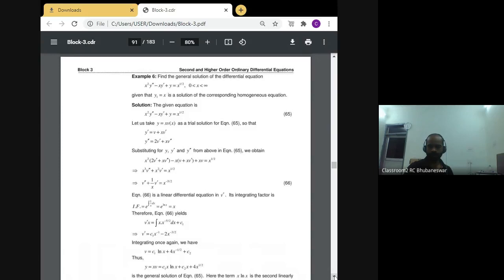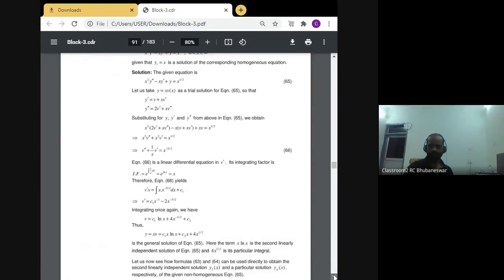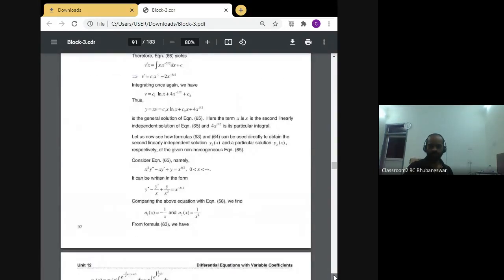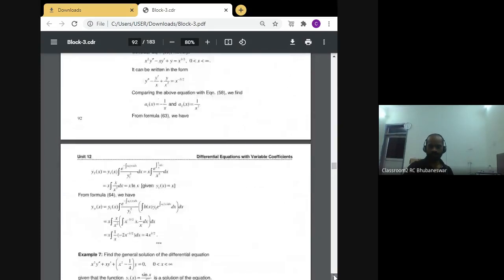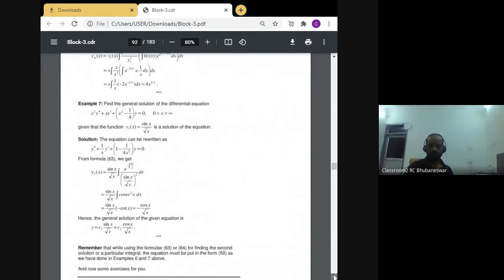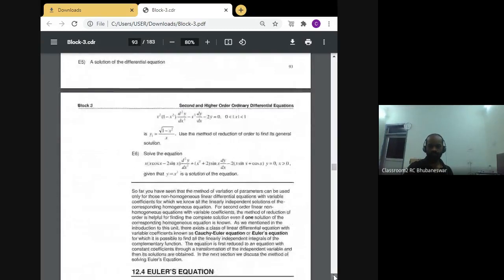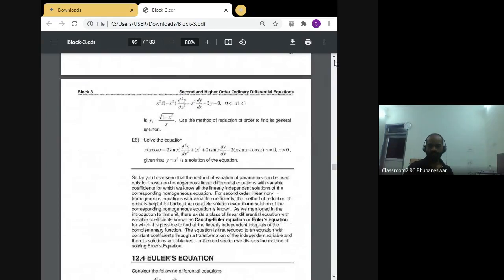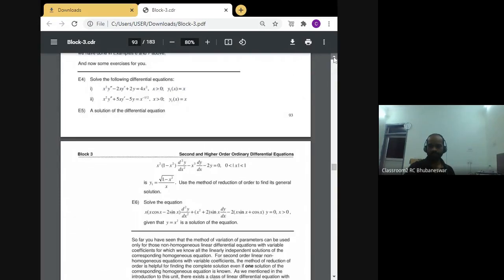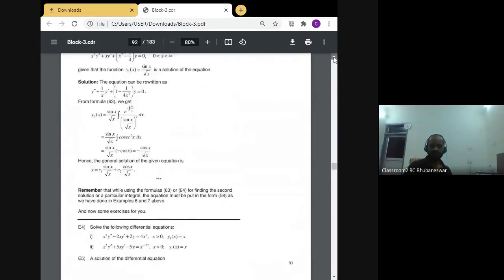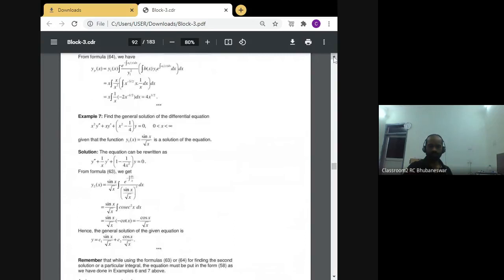So basically the procedure here is that first we have to find a solution, that is y1. Once we get a solution y1, then the second solution can be obtained by substituting y2 equal to v into y1. The same procedure that has been discussed earlier in the form of variation of parameter method.